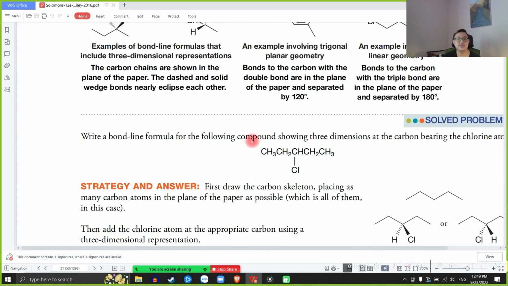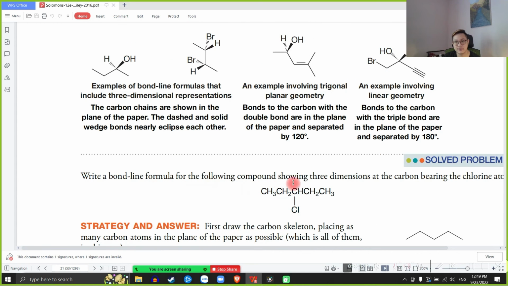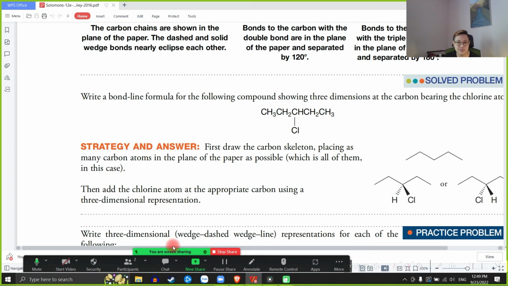Okay, so you are asked to write a bond formula for the following compounds showing 3 dimensions at the carbon bearing the chlorine atoms. So this middle carbon bearing the chlorine atoms, you have to show the 3D structure of that. You know how to do this? Okay, so look at the strategy and answer.